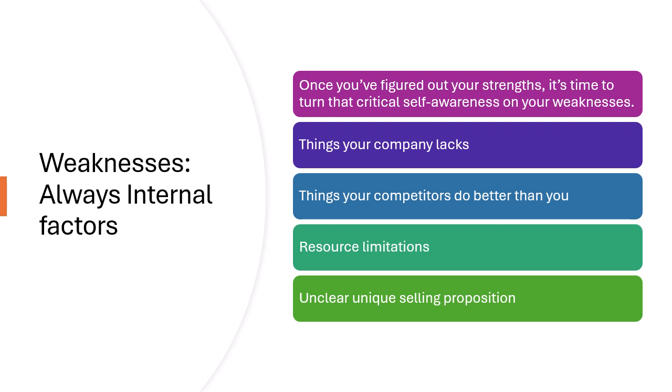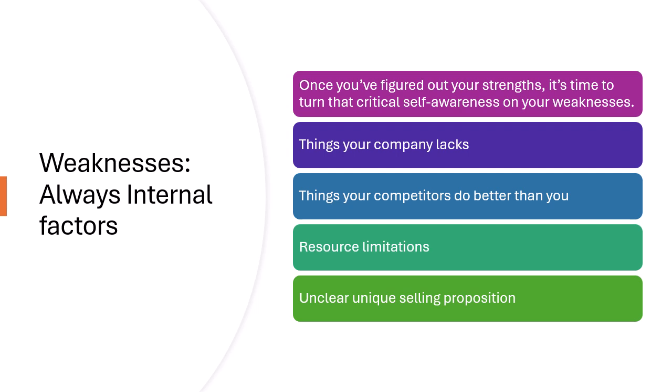When we look at weaknesses, once again, it's time to assess what factors are preventing us from really taking advantage of certain opportunities out there in the marketplace. Things our company lacks. Potentially, we evaluate it, and that's where you need to be very hypercritical about it. Things that our competitors do better.